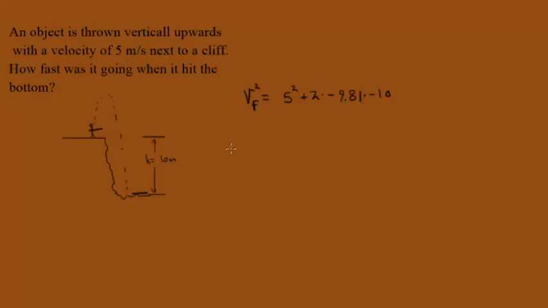So here we have 25, which is 5 squared, plus 2 times minus 9.81 times a minus 10, and all that together is going to equal 221.2 meters squared per second squared, which gives our final velocity, if we take the square root of both sides, as 14.9 meters per second.